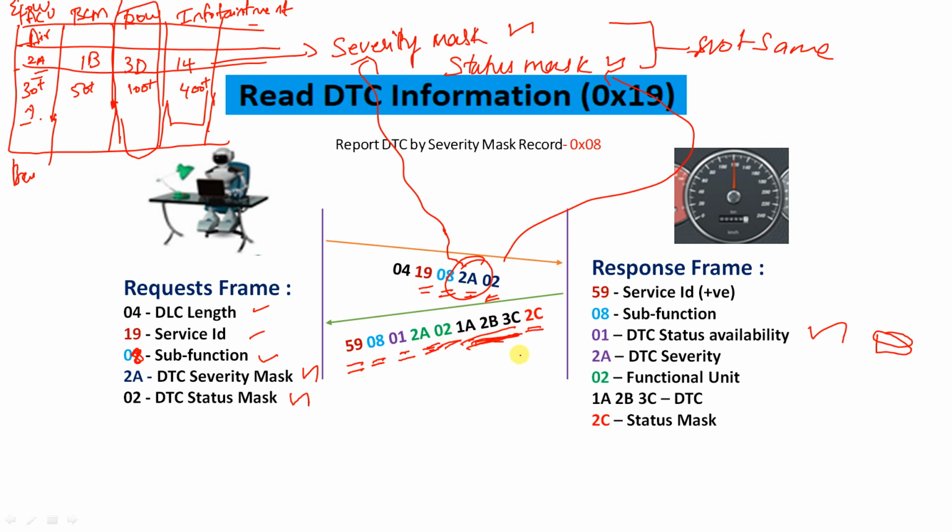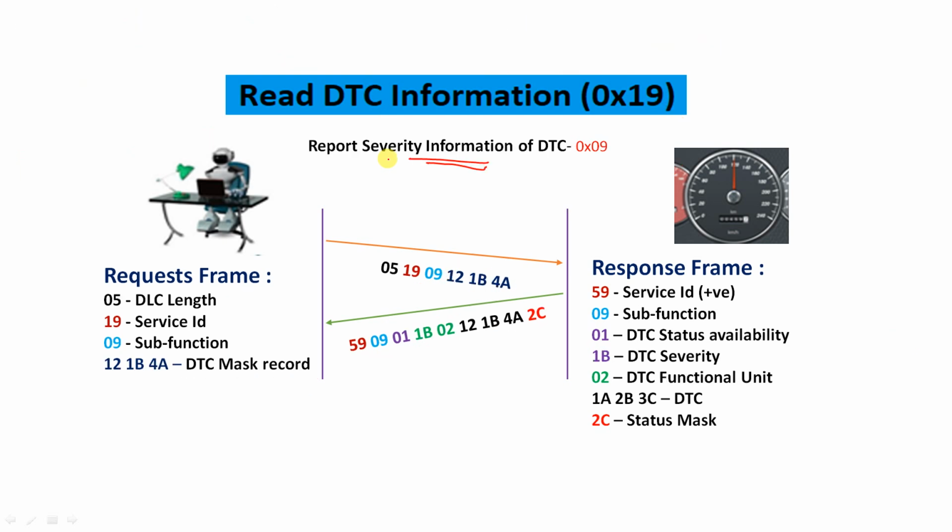In the next subfunction, that is report severity information of the DTC, you have to give the input as a DTC, and you will receive the response as a severity. See, it's very simple. Here you are giving 19. 09 is your subfunction, that is report severity information of DTC. Here 12 is a DTC.